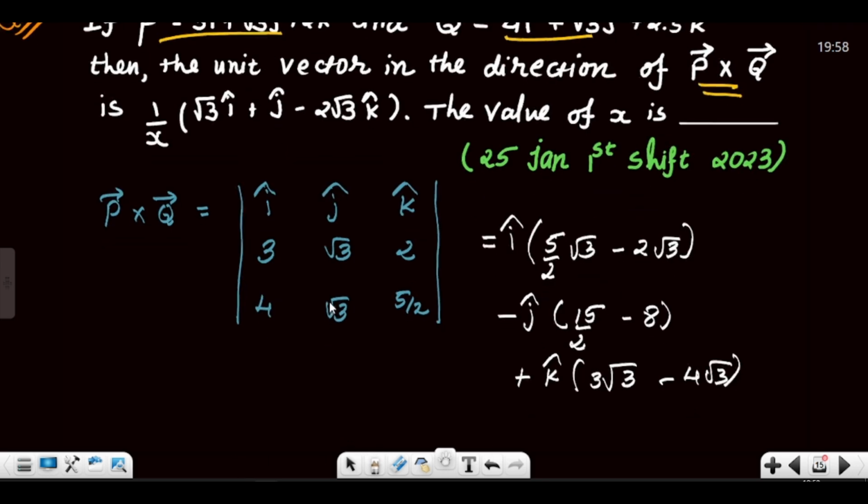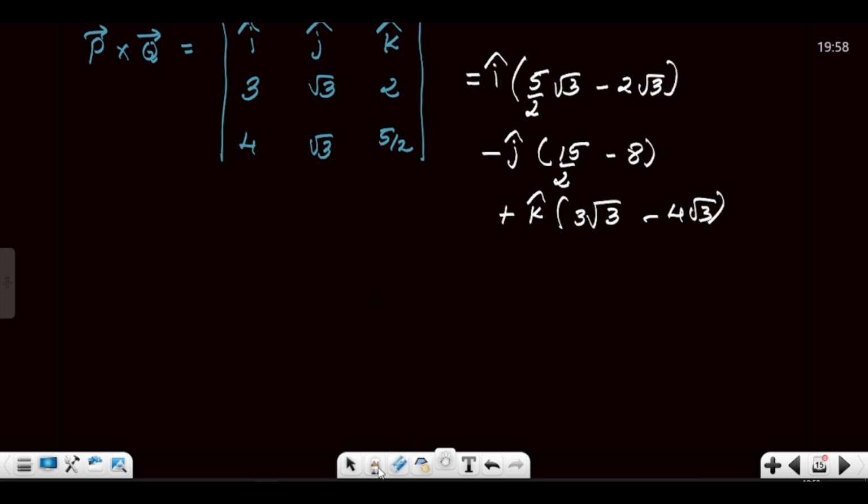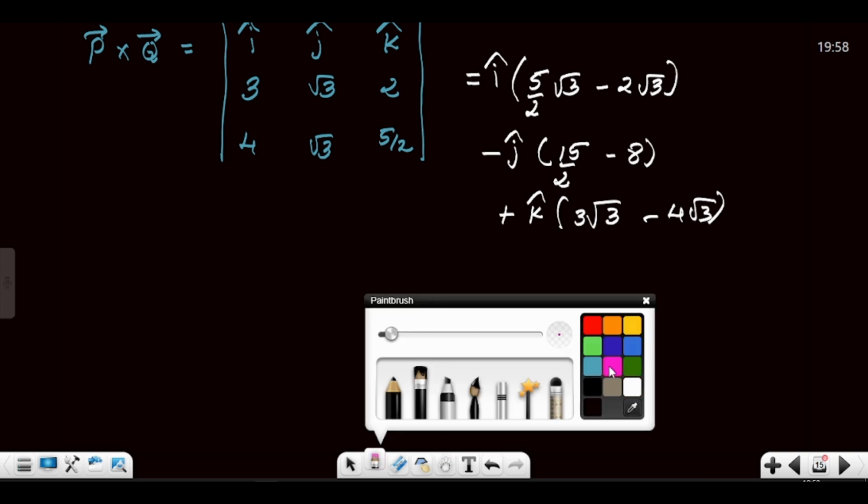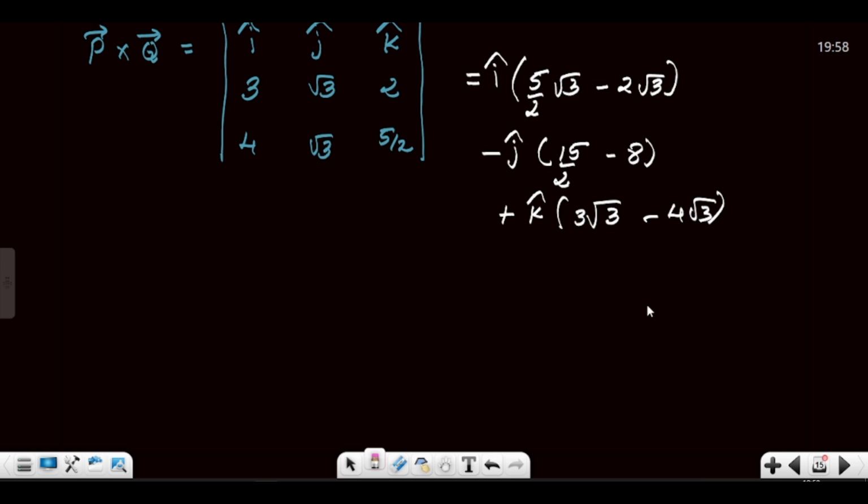The question is very much easier, not to worry. It only seems difficult, but it is not a difficult one. So 2.5 root 3 minus 2 root 3, our i cap is 0.5 root 3 i cap. For j cap, 8 2s are 16, 16 minus 15 is minus 1 and outside we have minus, so this is plus 0.5 j cap because the denominator had 2. 3 root 3 minus 4 root 3 is minus root 3 k cap.